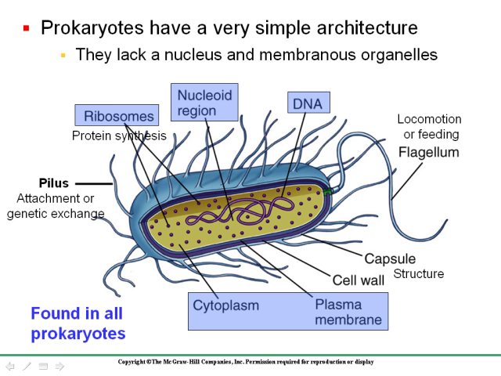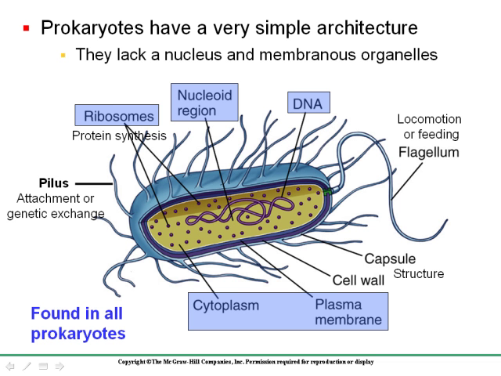There are several other structures that you might find in prokaryotes, including the following. Number 1, you might have a cell wall surrounding the plasma membrane. You could potentially also find something called a capsule. The cell wall and the capsule would provide additional structure to the prokaryote. You also might have a flagellum.